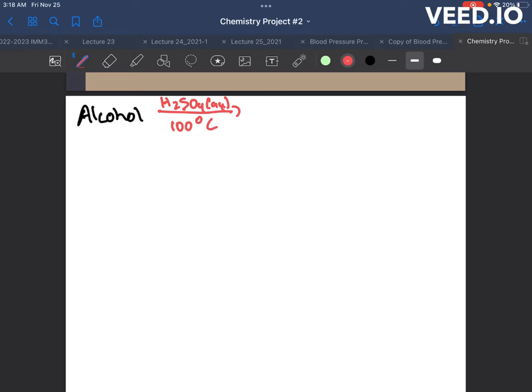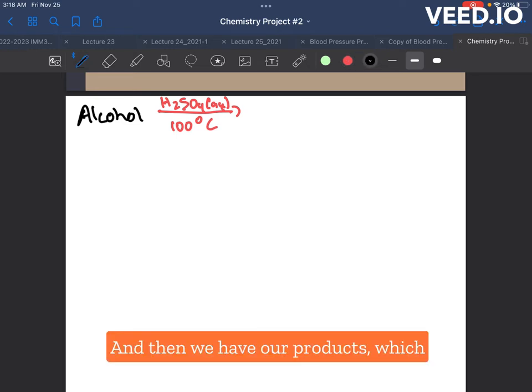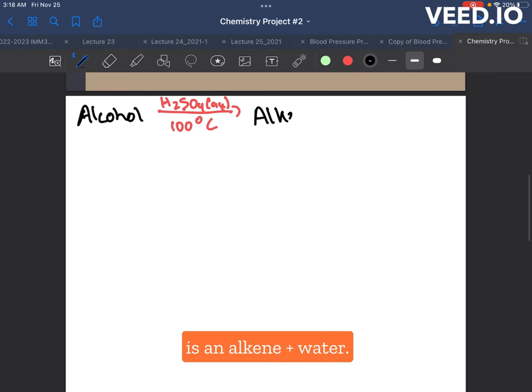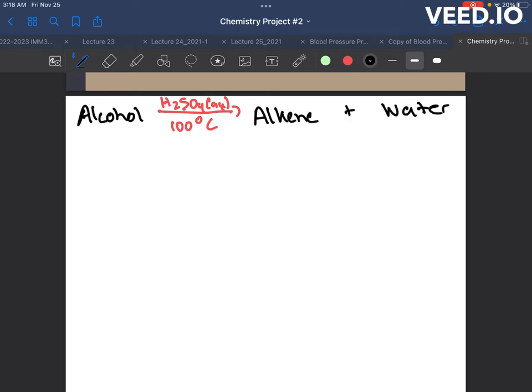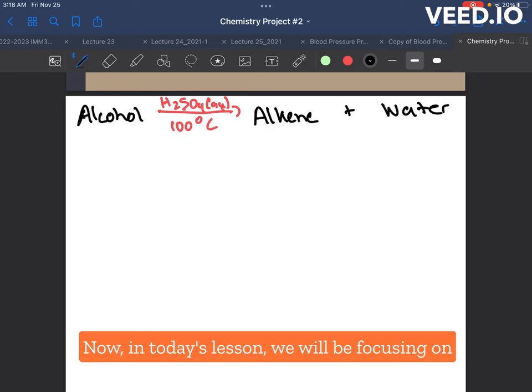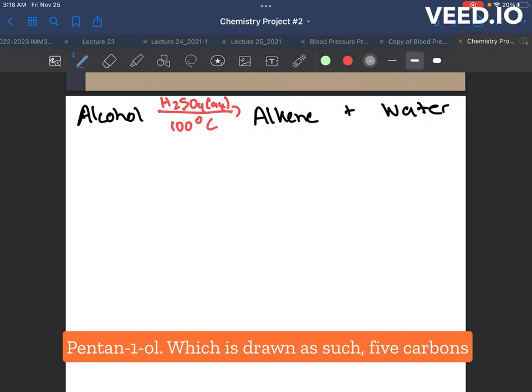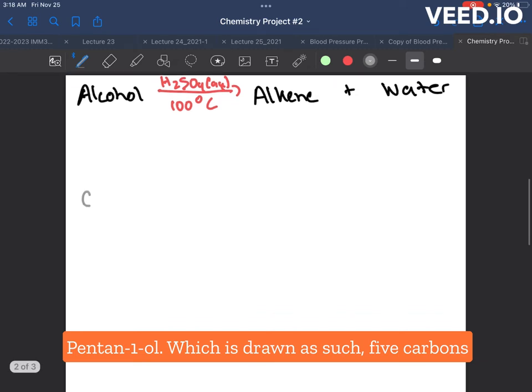Perfect. And then we have our products, which is an alkene plus water.